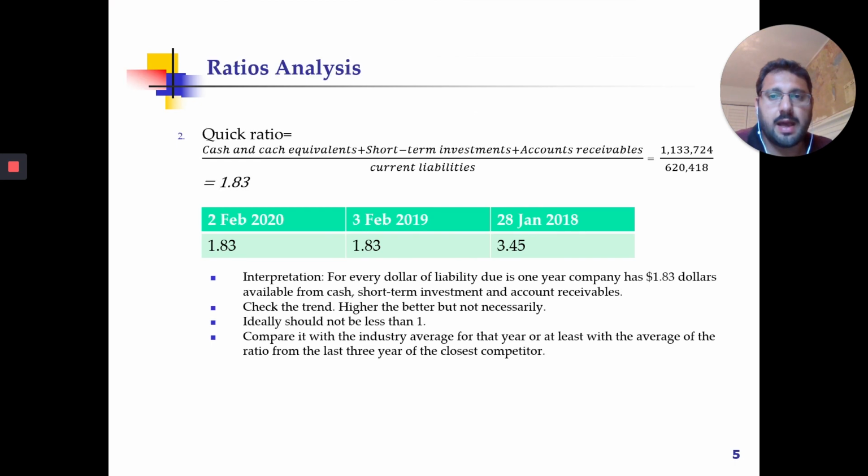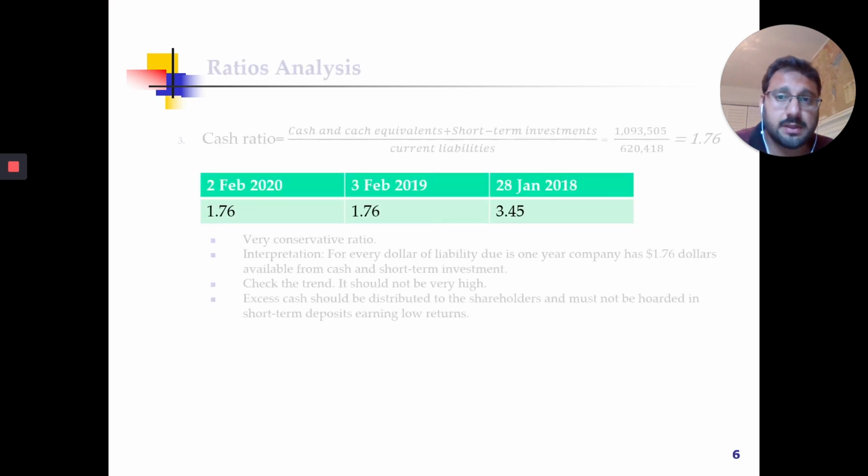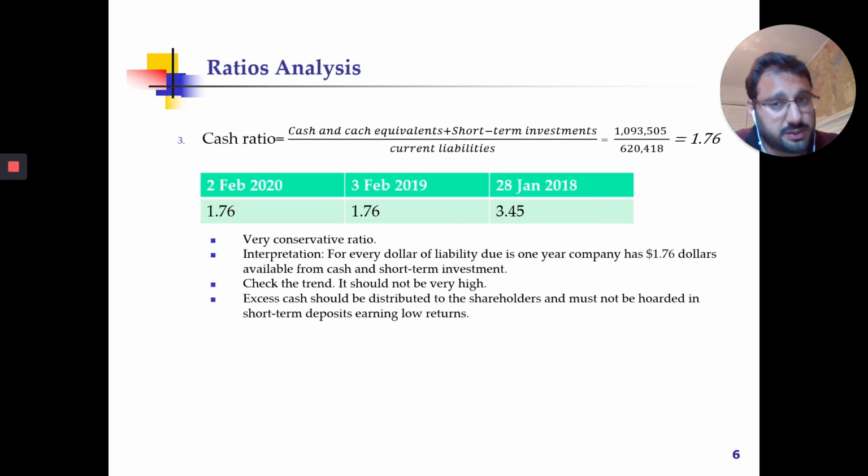Finally, this is the third ratio, the cash ratio. And this is more conservative. We even take out the receivables from here. These are the cash plus the cash equivalent plus the short term investment. Only those things which are already almost cash, and can quickly be converted into cash.